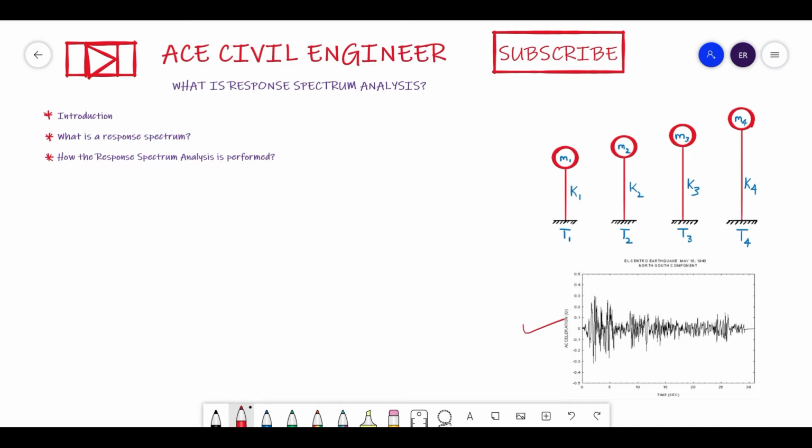So at every mode of vibration, it helps us calculate the maximum displacement and maximum member forces, with the help of a smooth design spectra, which is generally the average of several earthquake motions.